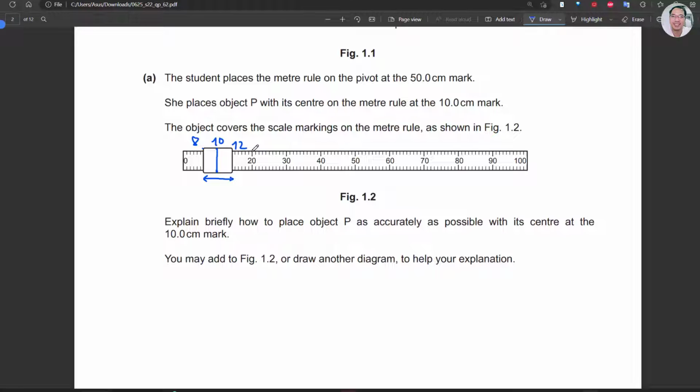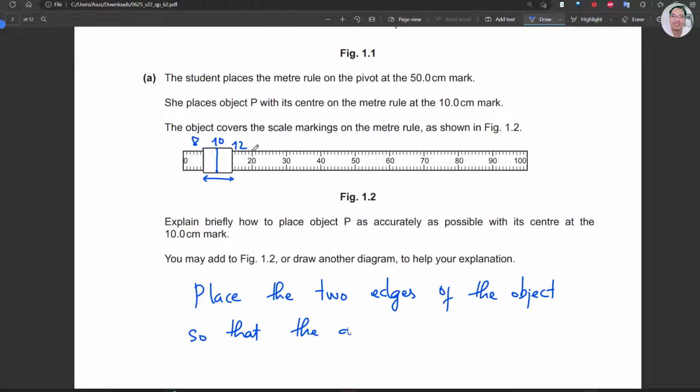So place the two edges of the object so that the differences from those edges to the 10 centimeter mark is the same.